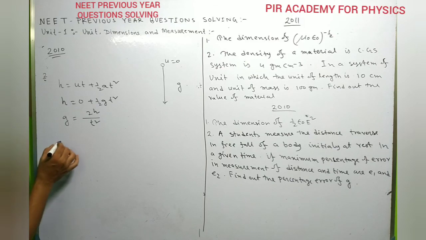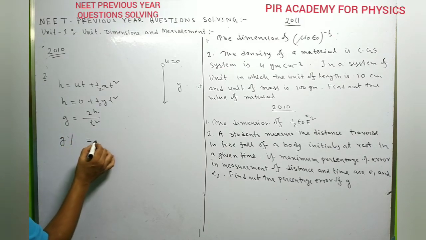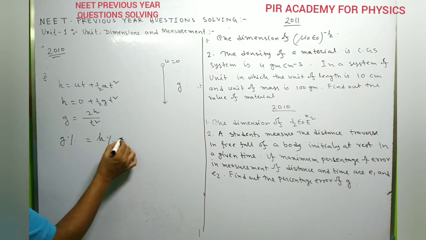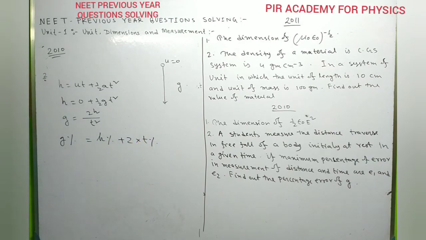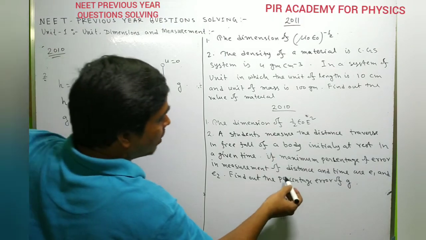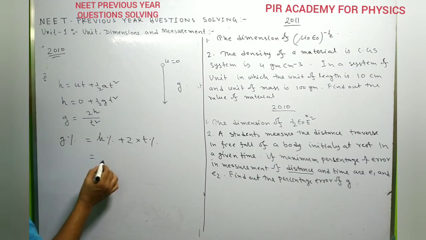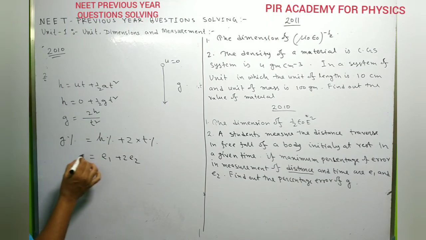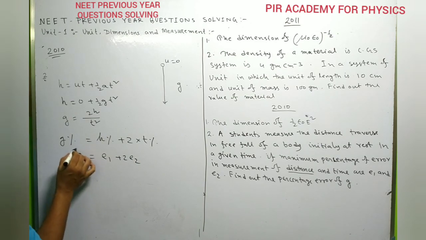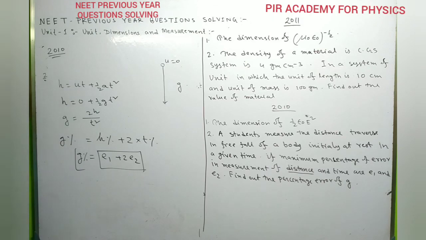So the percentage error of g is the percentage error of h plus 2 into the percentage error of t. Here the percentage error of distance h is u1, so the percentage error of calculation of g will be u1 plus 2 e2.